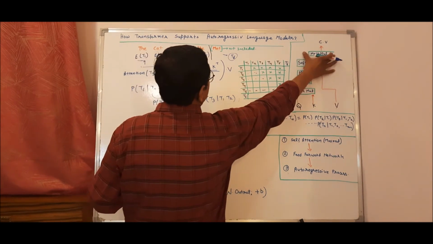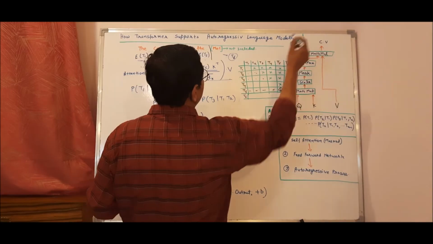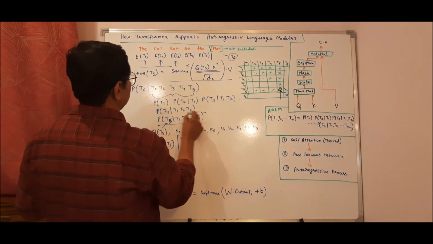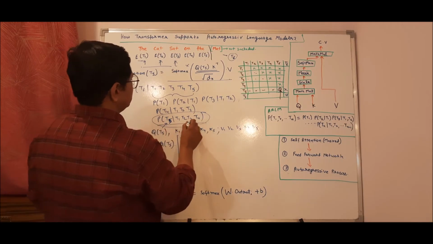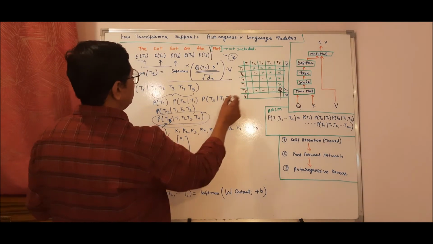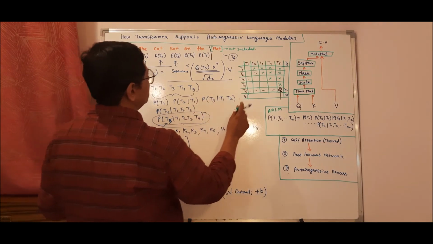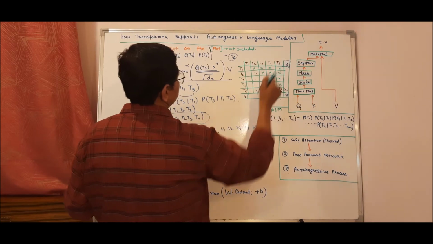And this complete part will give the context vector, and this will nearly represent this part. So similarly, we will have all such information before going to predict T6.